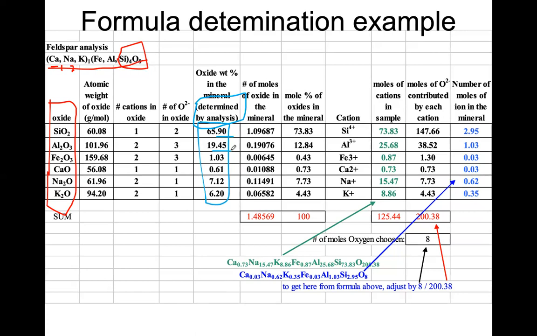For formula calculation, that composition is okay, but for advanced applications like thermobarometry, pressure and temperature determinations, we need very highly precise data, even up to the first decimal point, correctly measured. So for that, we need more precise determination.